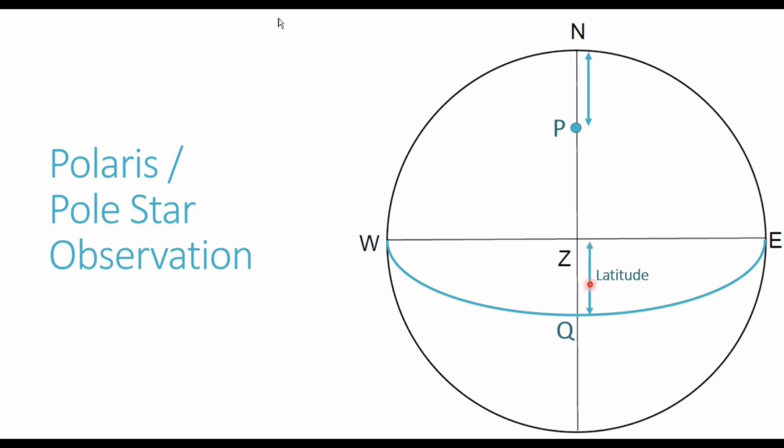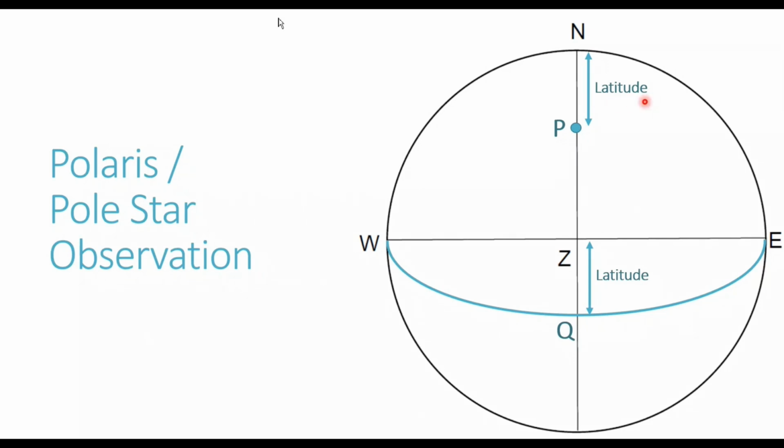So the difference between Z and Q will be the same as the difference between N and P. Or in other words, the arc ZQ will be equal to the arc NP. So with this, we come to know that this NP will be equal to the latitude of the observer.